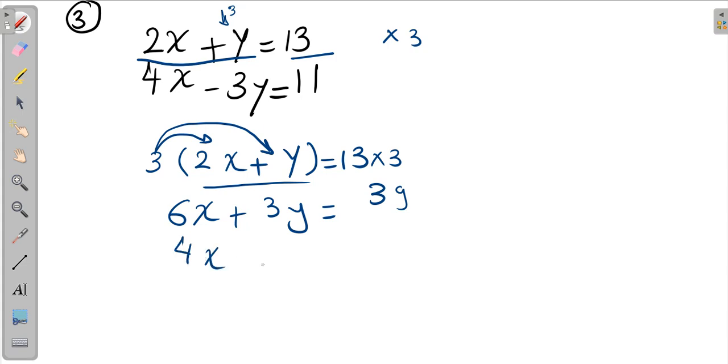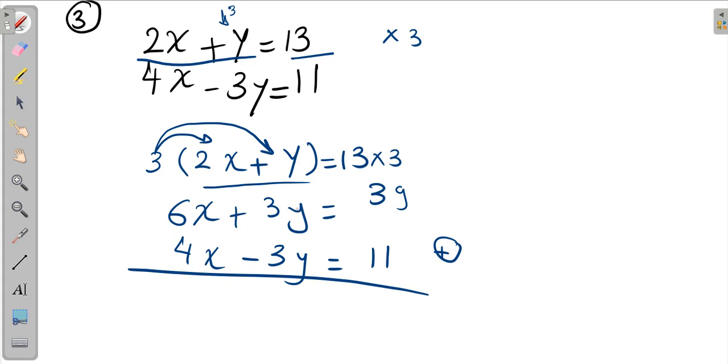Write the second equation. Minus 3y equal 11. Make a summation. You cancelled y. 6x plus 4x, like 6 boxes and 4 boxes. You have 10 boxes, 10x equal 39 plus 11 equal 50.